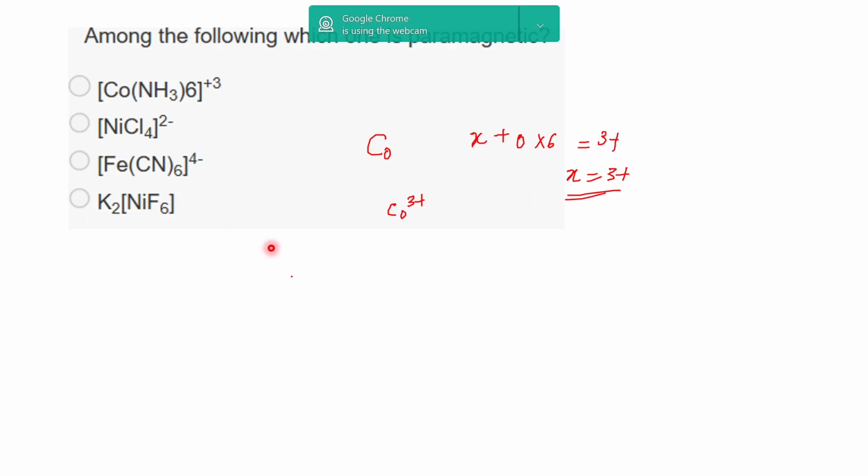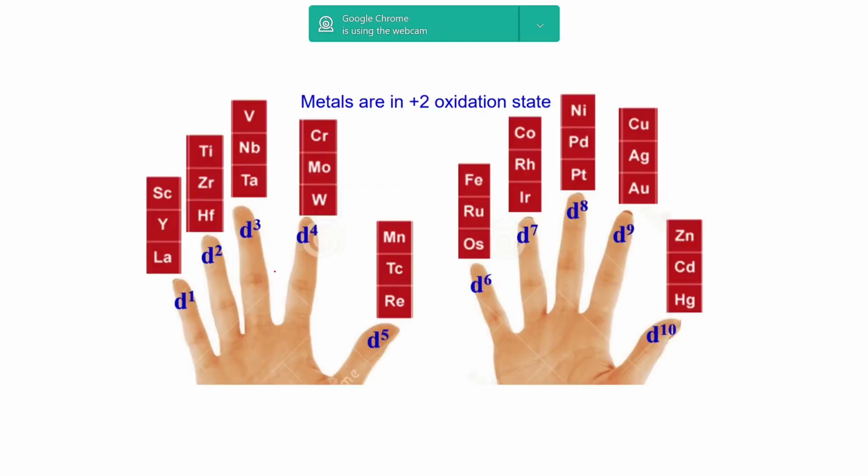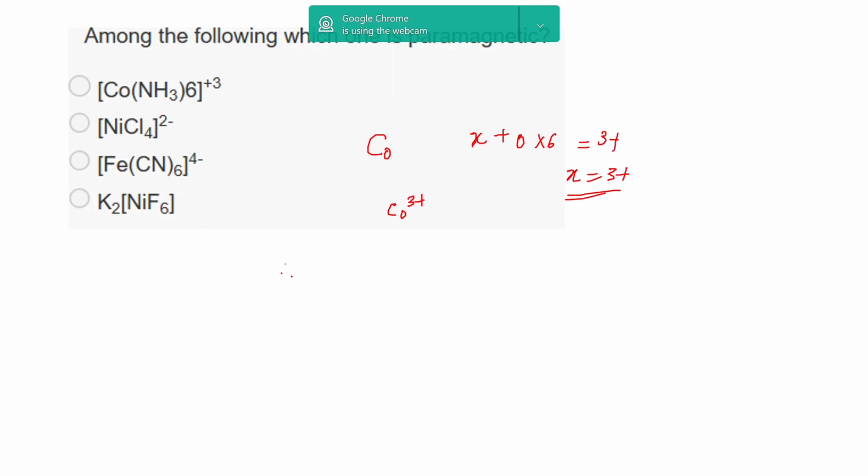What about the oxidation state of Fe in option C? Plus 2, right? Fe in plus 2 state has d6 electrons, as I showed here. Fe, ruthenium and osmium in plus 2 state have d6 electrons, and it is an octahedral complex.